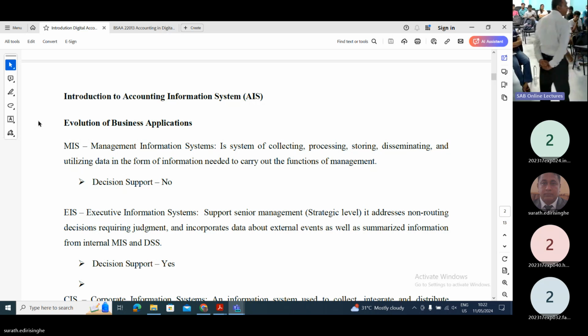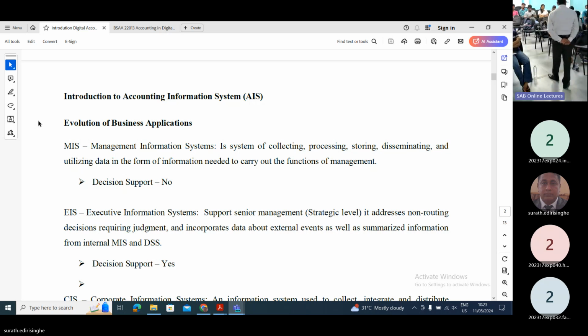Under the accounting information system, AIS, you studied in the MIS subject the evolution of business application systems. There are three kinds of business application systems included in the ERP.